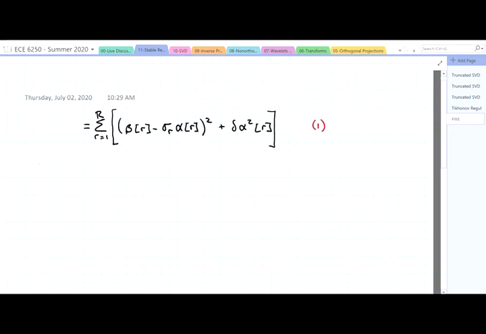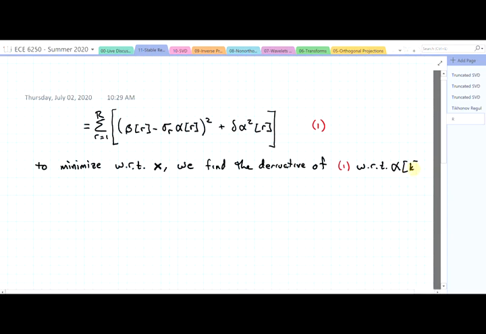So, to minimize with respect to x, we find the derivative of 1 with respect to alpha sub k or alpha sub r, set it equal to 0 and solve.